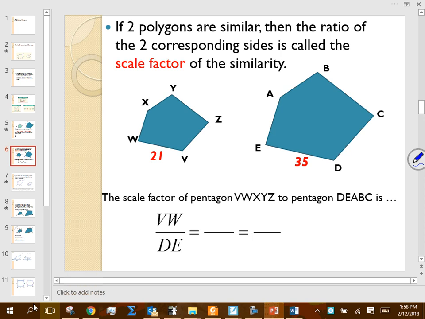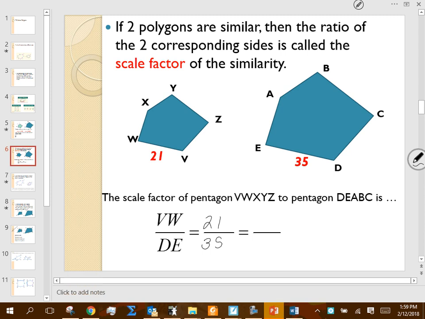So here we've got comparing 21 to 35. Would you guys agree that VW and DE are corresponding sides? We compare those corresponding sides numerically and get 21/35.